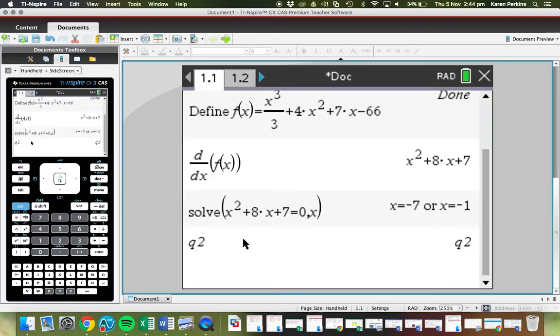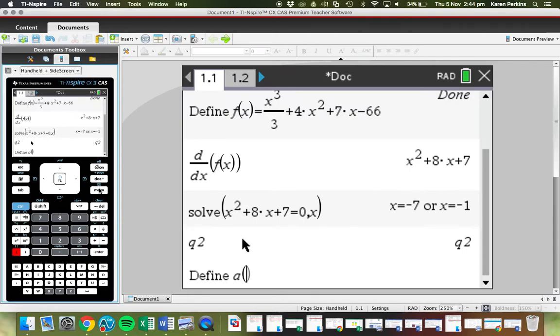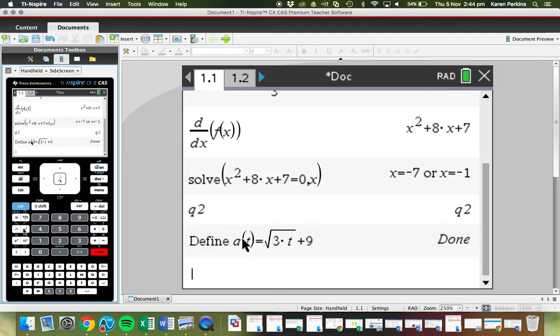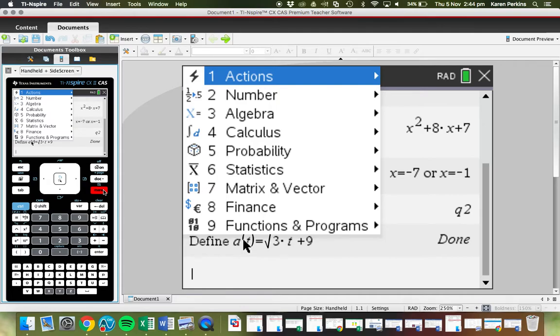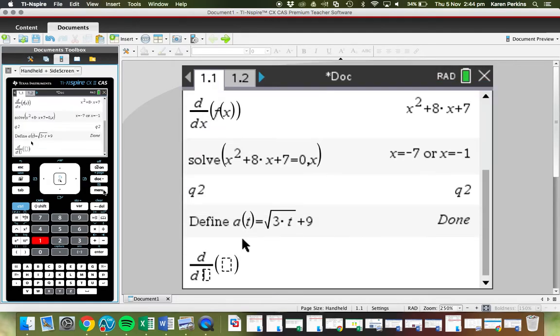For question 3, I'm going to define my function a of t to be square root of 3t plus 9. The rate at which it is growing, so that's the derivative. So menu, calculus, derivative.